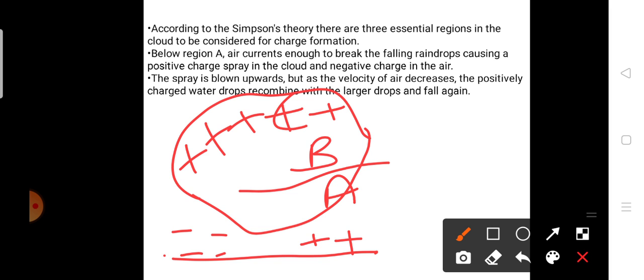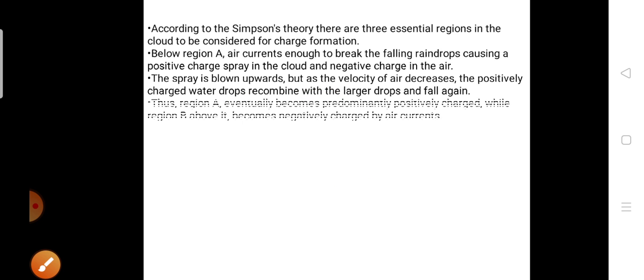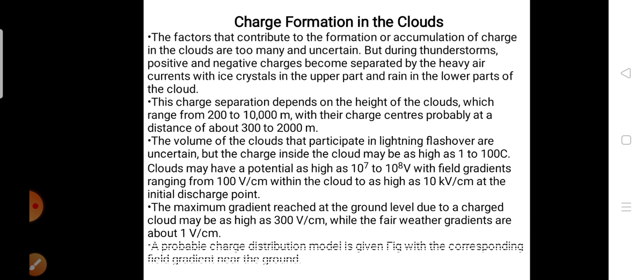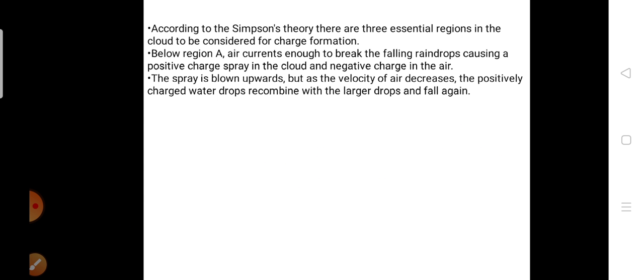So below region A, air currents travel above 800 centimeter per second, and no raindrops fall through this.